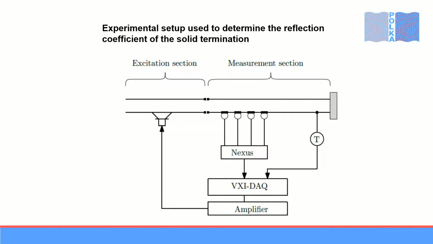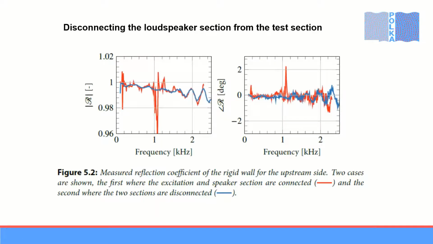And then he had the setup to test this, to investigate all the errors. So there was an excitation section with a loudspeaker, a measurement section, and a termination. These are microphone measurement positions. This T, I believe, is a temperature probe to measure the temperature. And then he tested various ways to improve the results, for instance, disconnecting the loudspeaker section from the test section.